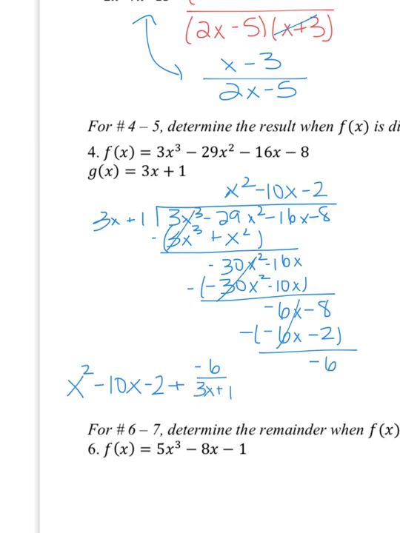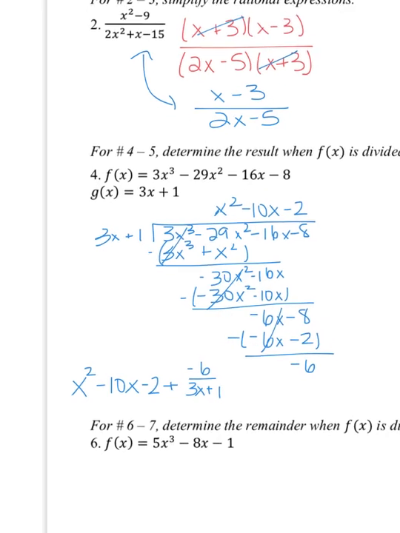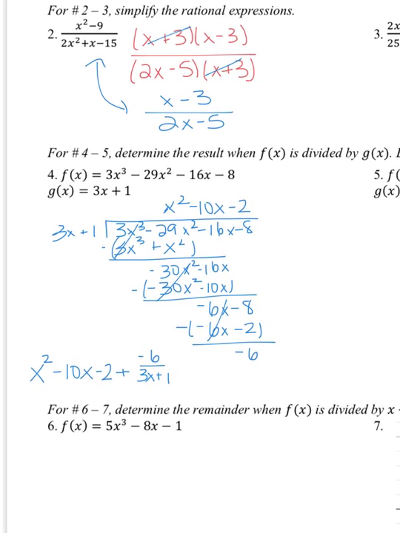So just a few things to make note of. That's all that the question wants, but I just want to make sure that we're good for our test. Because you get a remainder of negative 6 and not 0, 3x plus 1 is not a factor of 3x to the third minus 29x squared minus 16x minus 8. And then the other thing I want to make sure we're good with is that this function here will contain the point, ready?